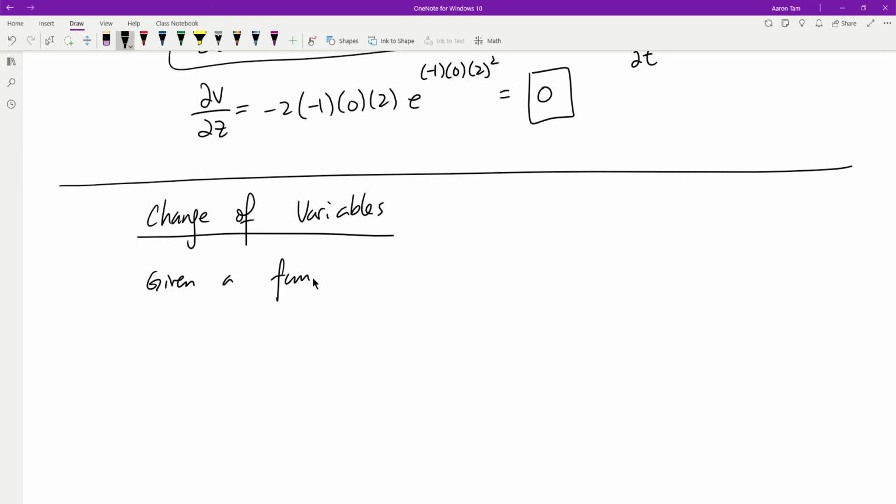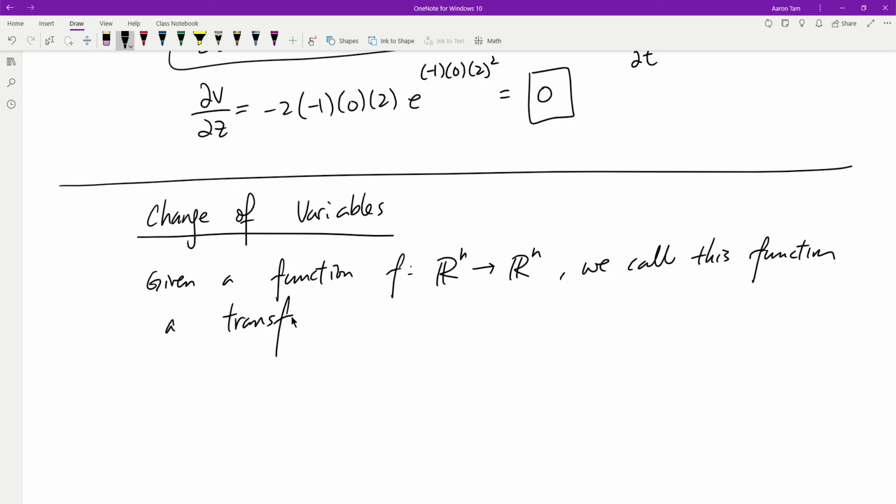When we're given a function f from Rn to Rn, we can call this function a transformation, because in this case it maps from Rn to Rn, basically turning an n-dimensional surface into another n-dimensional surface.